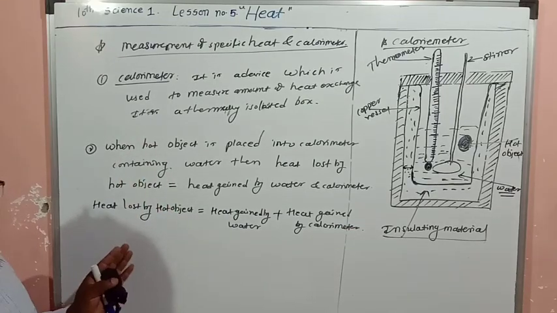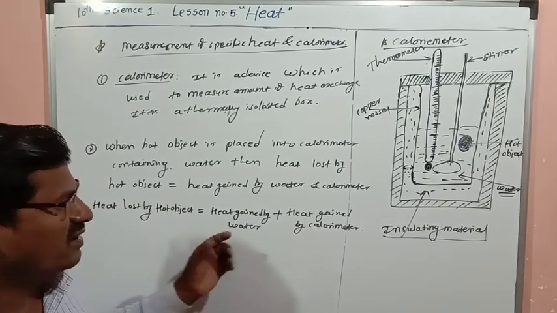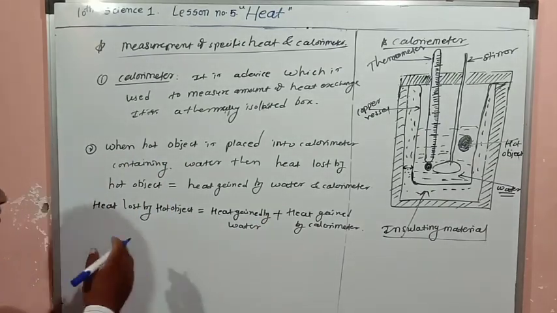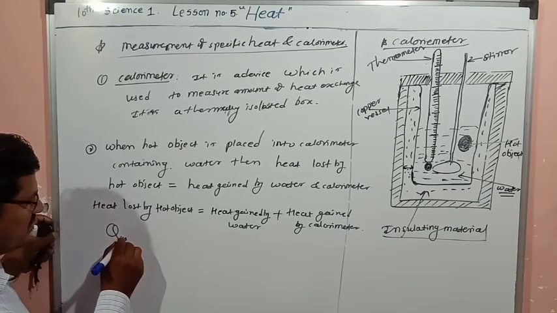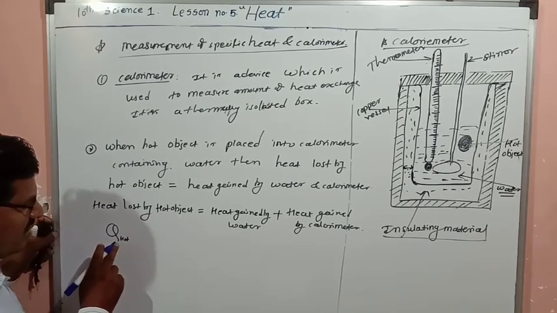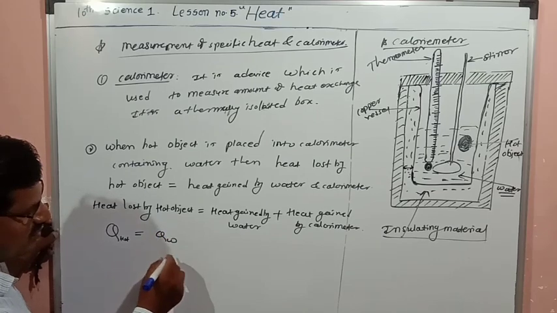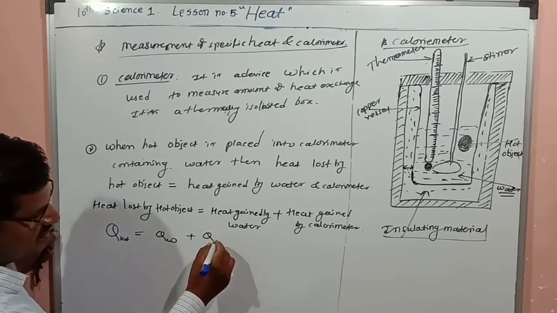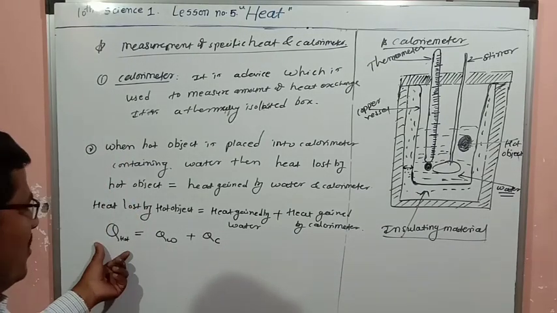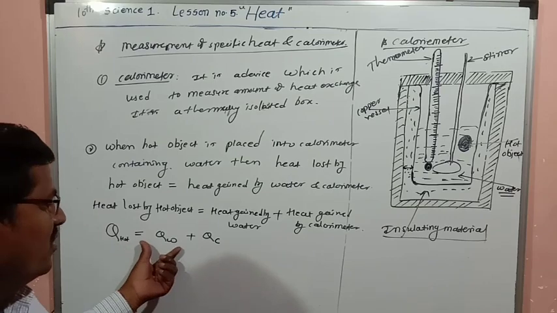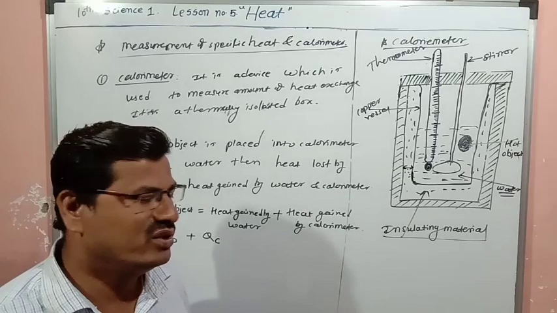And this one also you can explain by taking terms. Suppose Q hot is the total heat, it is equal to Q of W plus Q of calorimeter. So total heat, the heat of the hot object, is equal to the heat gained by water and the heat gained by calorimeter. Like this way you can do.